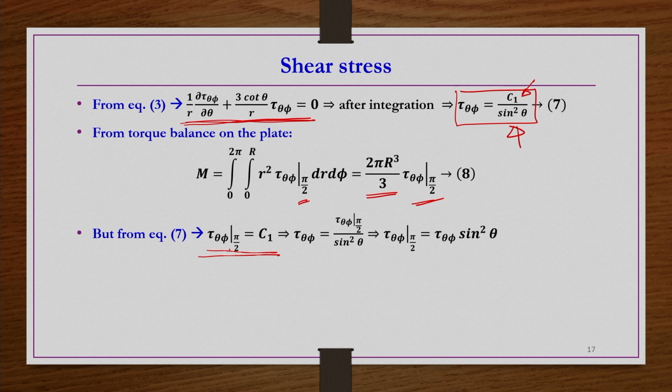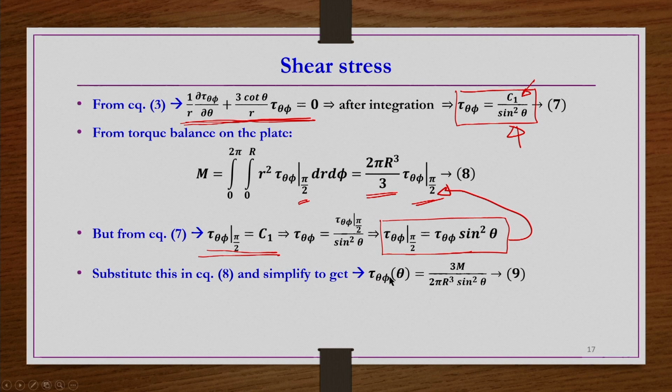That means tau theta phi is equal to tau theta phi at pi by 2 divided by sin square theta, or tau theta phi is tau theta phi at pi by 2 times 1 over sin square theta. You can use this in equation number 8, so that you get tau theta phi as a function of theta equal to 3M by 2 pi r cube sin square theta, right.